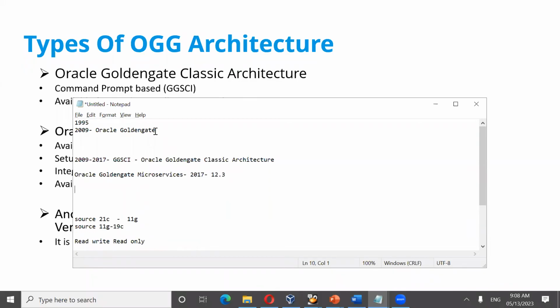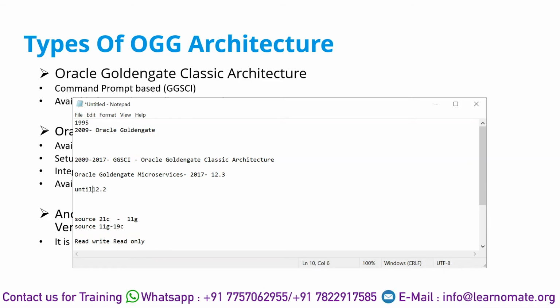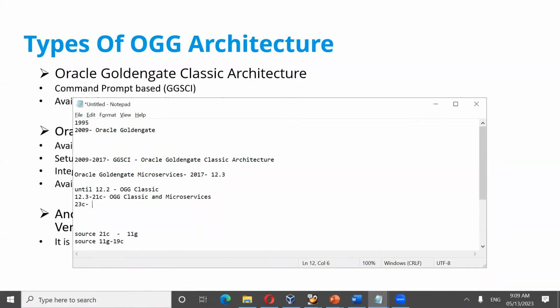Until 12.2, there is only GoldenGate Classic. From 12.3 to 21c, there are both OGG Classic and microservices. And from 21c onwards, basically 23c, there will be only microservices. So classic architecture is getting deprecated.